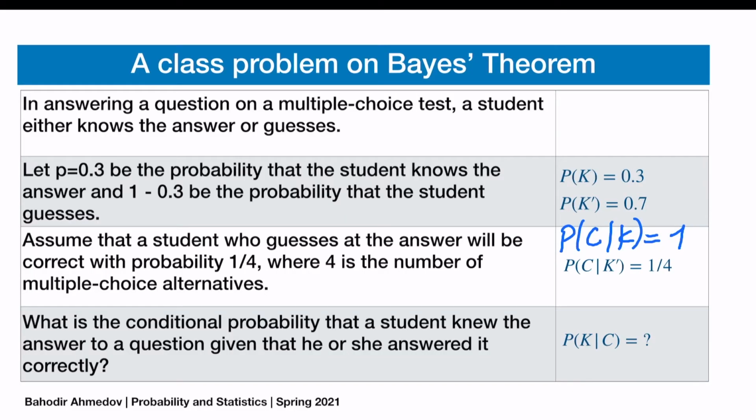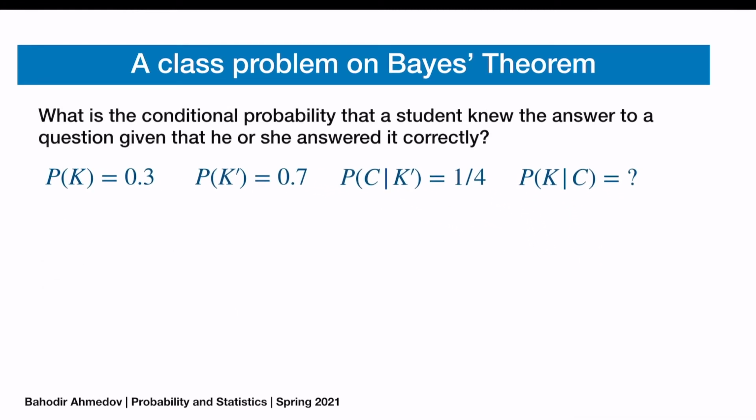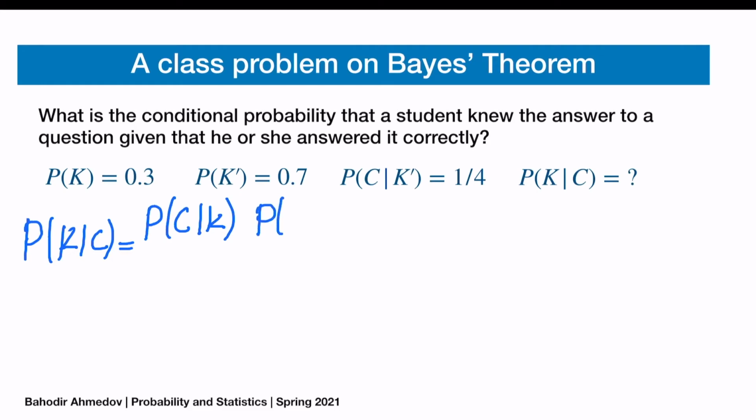In order to evaluate this one, we need to use the Bayes rule again. Can you help me with the Bayes rule one more time? What is the probability of K given C? On the numerator, what do I have to write? P of C given K times P of K, divided by P of C.